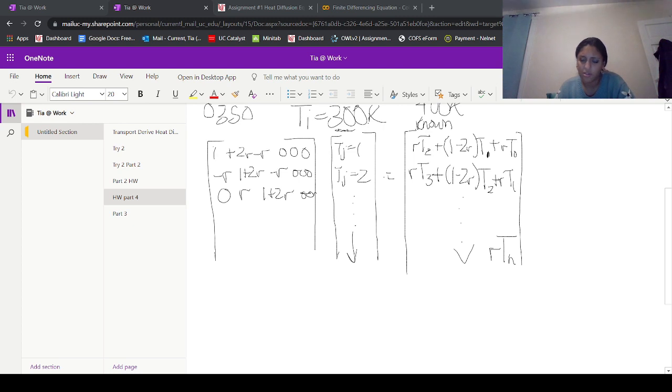I'm really bad at the zeros, I'm sorry. But basically, these are all in the same column. Maybe I shouldn't have written that negative R so close to that right there. Oh, I feel silly.